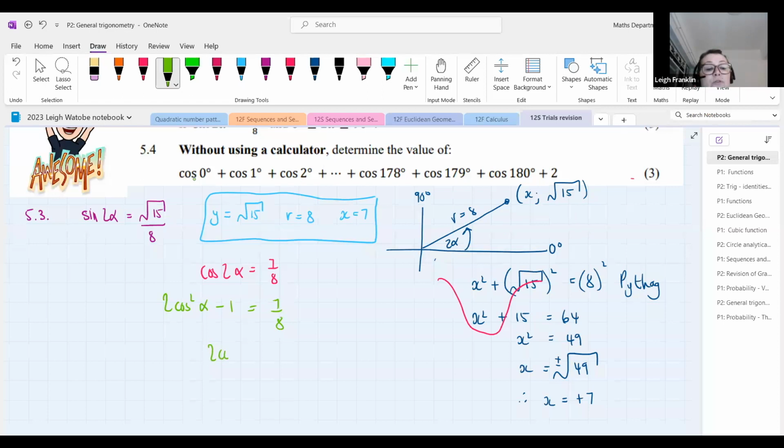That gives us 2 cos squared alpha is equal to 7 over 8 plus 1, so that would leave us with 15 over 8. Now we have to divide both sides by 2, so that would be 15 over 8 divided by 2.